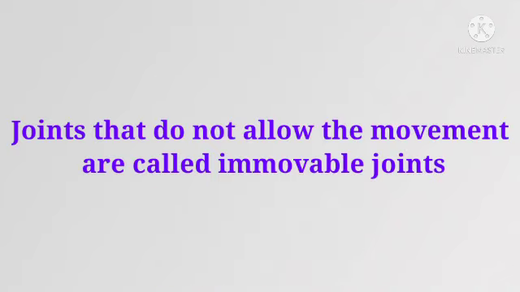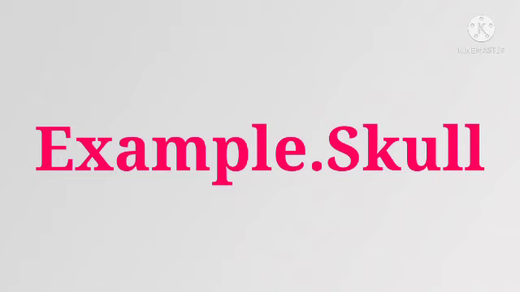Then what is immovable joint? Yes, the joints that do not allow any movement are called immovable joints. Which is the example for immovable joint? Yes, the joints in our skull. The joints in our skull do not allow any movement, so it is the example for immovable joint.